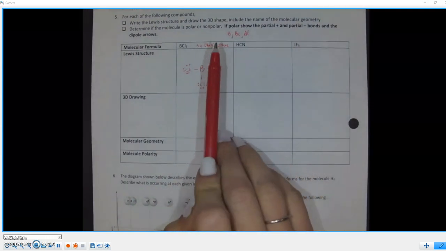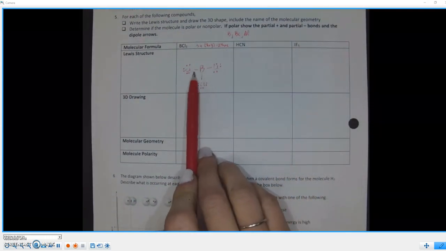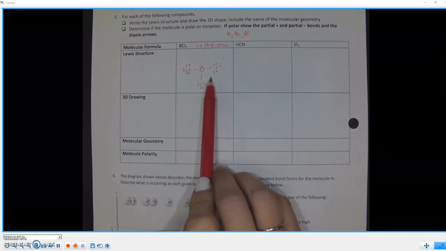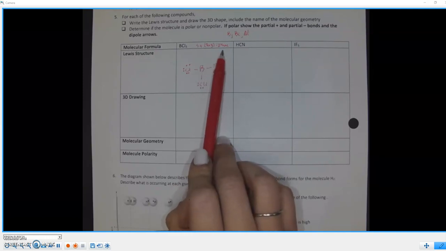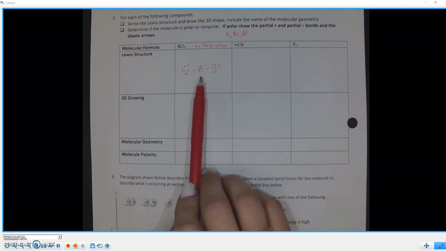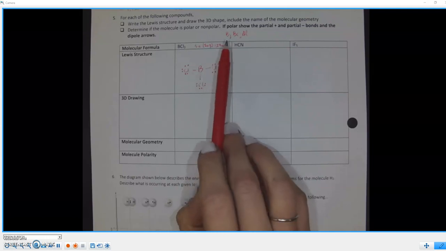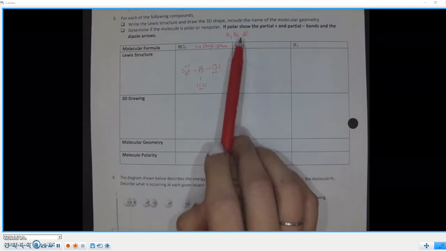So we counted valence electrons, decided what went in the middle, started with single bonds, completed the octet for the outside atoms. If there was any extras, we'd put them as pairs on the center, but we used all 24. Normally we would look at this and say, oh, 2, 4, 6, and erase a lone pair and make a double bond, but it's one of our 3 that it's okay to have less than that.